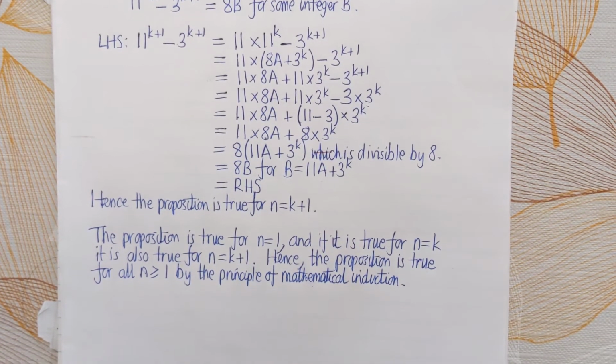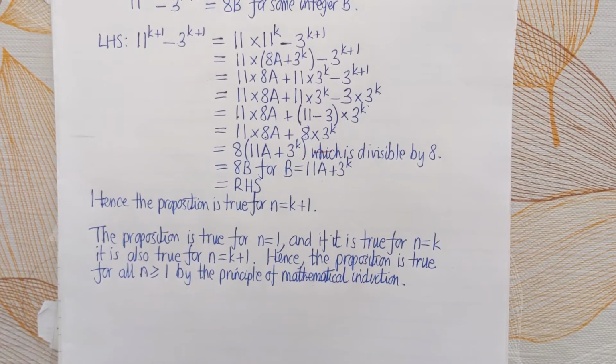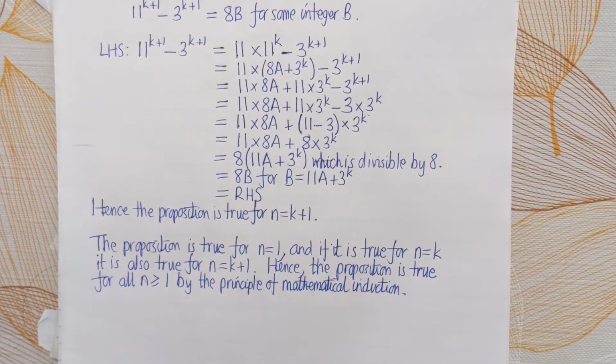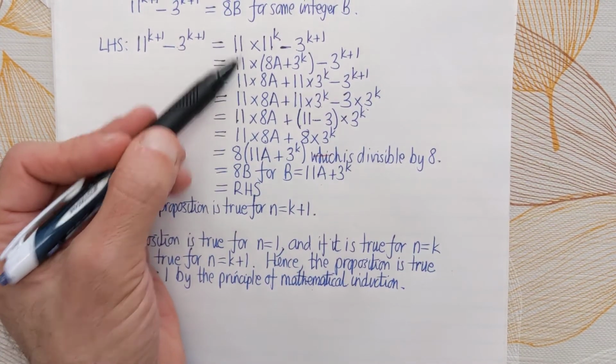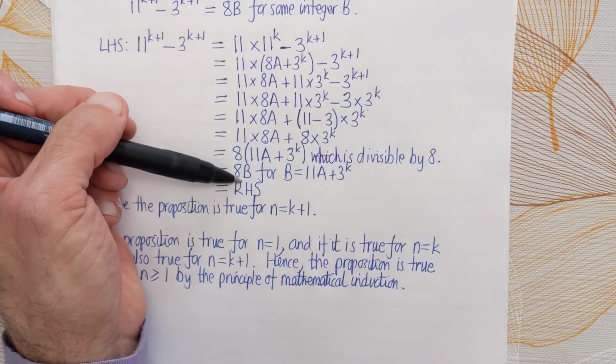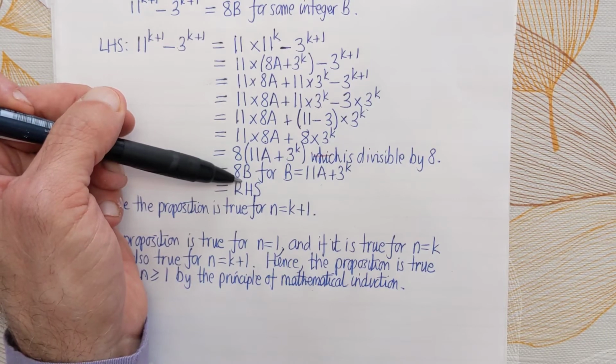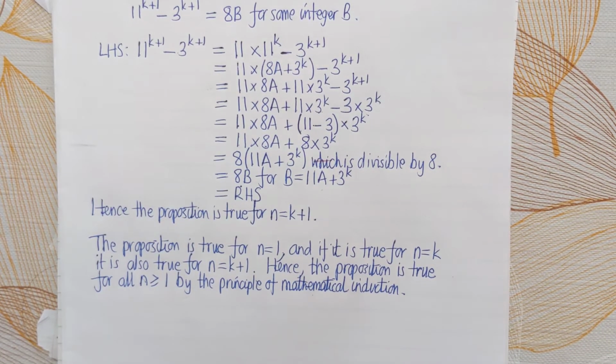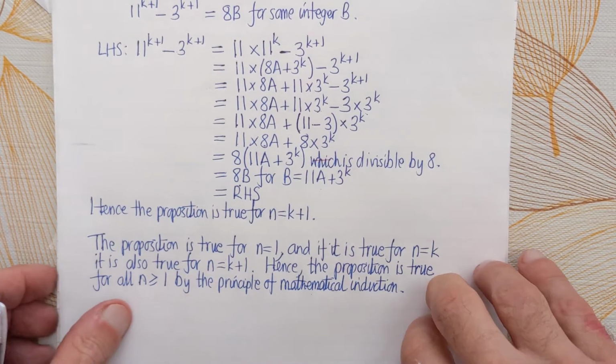This is enough. But I want to show what might have happened if we'd approached this step here differently. So if I now go back to the beginning, you can stop the video now and leave it. The proof is complete.